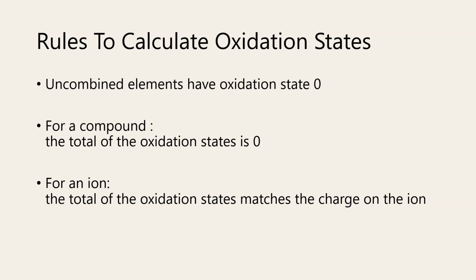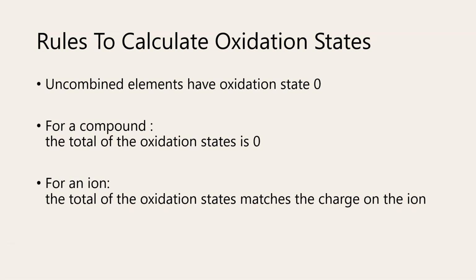For a compound, the individual atoms within the compound will have oxidation states that are not zero, but if you added up the oxidation states for all the atoms present, the total is zero for a neutral compound. For an ion, again, each of the atoms present will have its own oxidation state that's not zero.